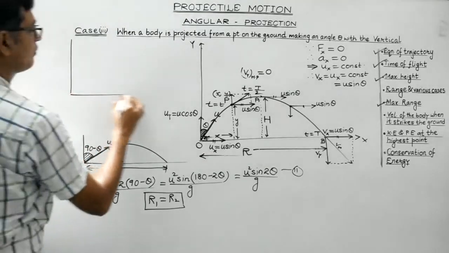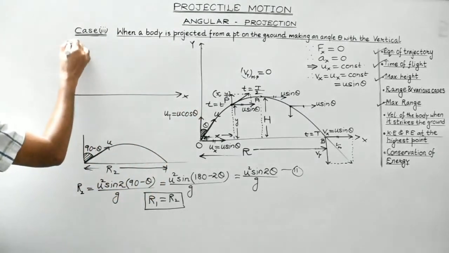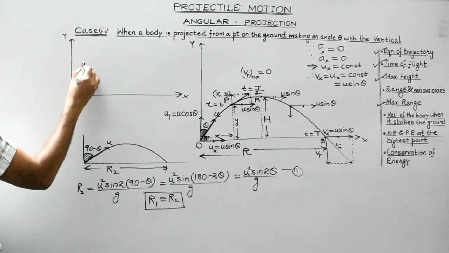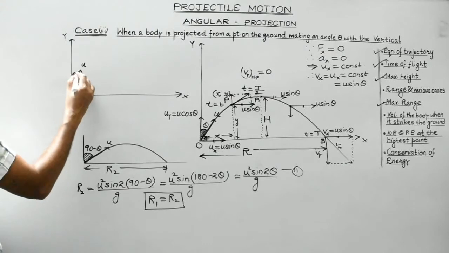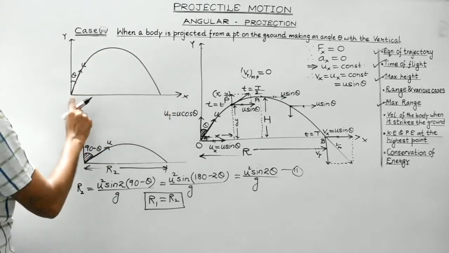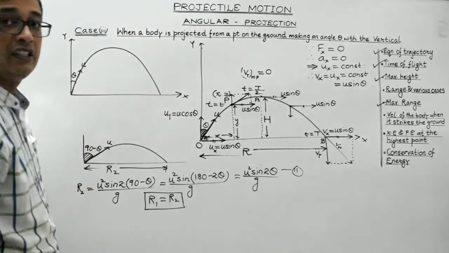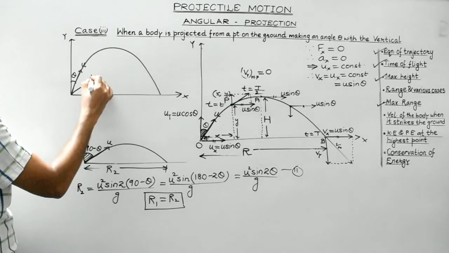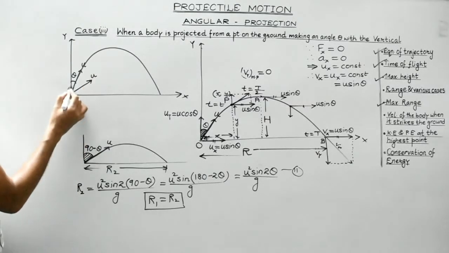Look, this is the horizontal axis and this is the vertical axis. Suppose a body is projected with velocity u, making an angle theta with the vertical. So obviously it will follow a parabolic path and it will have this range. In the second scenario, suppose it is projected with the same velocity u, making an angle 90 minus theta with the vertical.